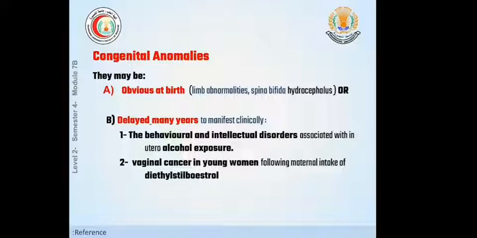During adolescence the daughter may have vaginal cancer due to the previous history of her mother taking diethylstilbestrol. So the congenital anomalies may appear at birth or may be delayed many years to manifest clinically.